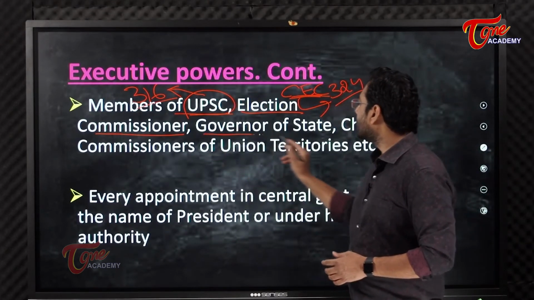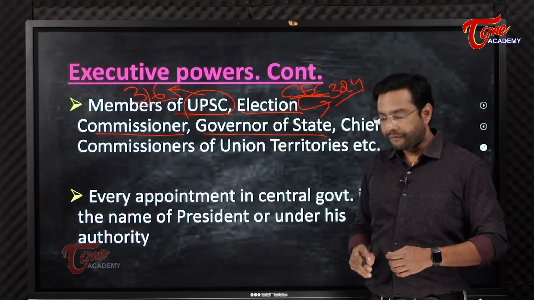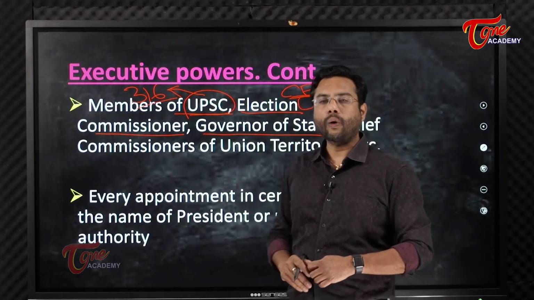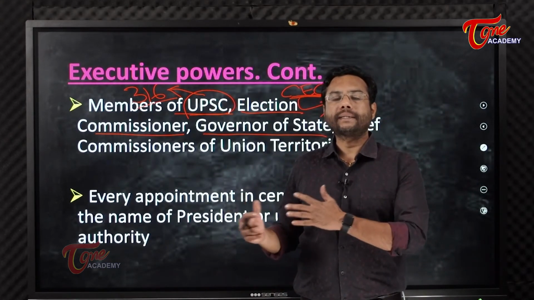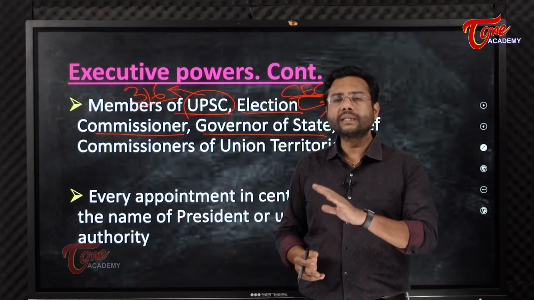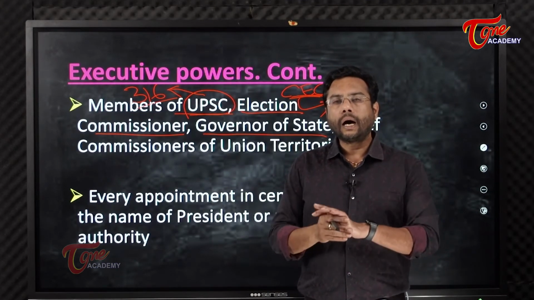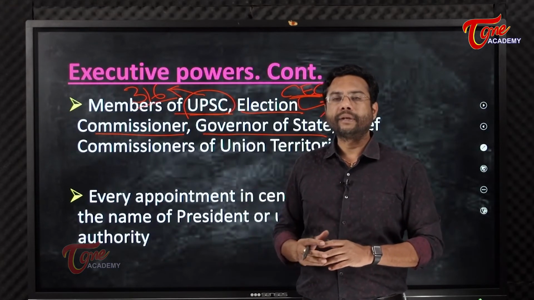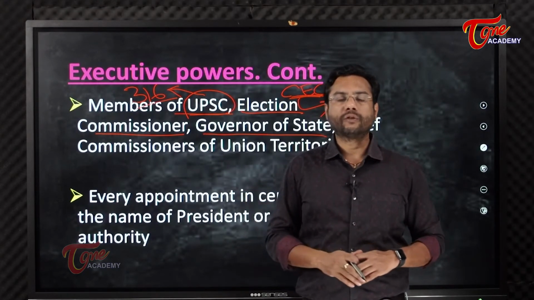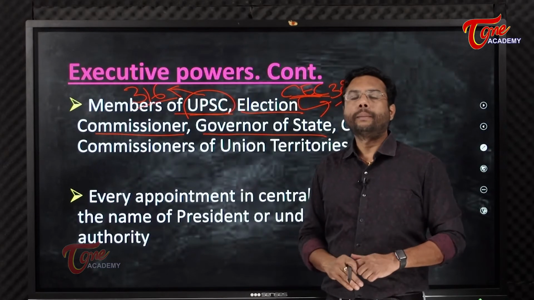We have governors of states. Every state governor is also appointed by the President of India, because governors are not directly elected. Governors are appointed by the President on the advice of the Council of Ministers headed by the Prime Minister.